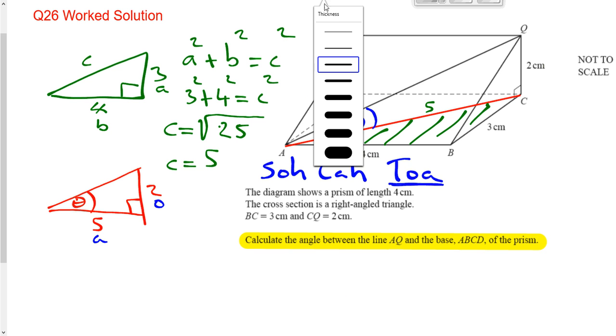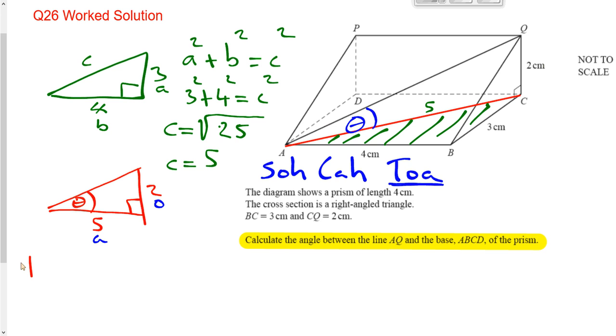SOHCAHTOA tells me that the tangent of an angle is equal to its opposite side over its adjacent side.